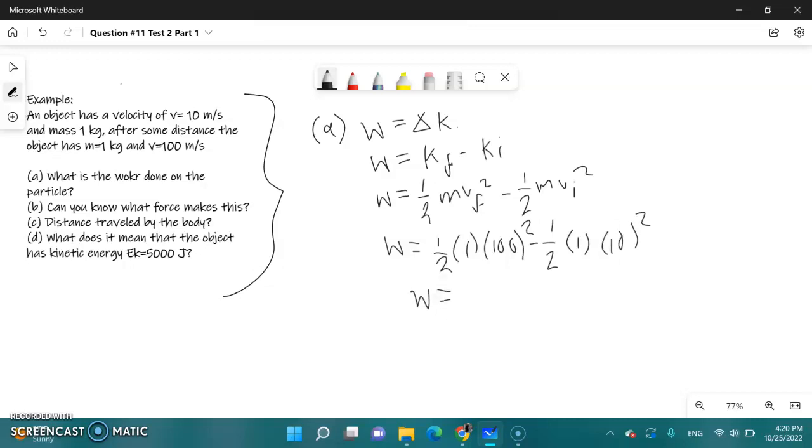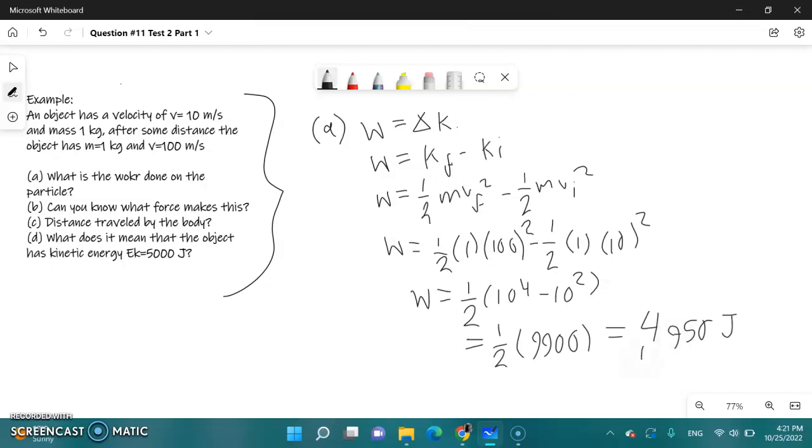And this all simplifies to half times 10 to the 4th minus 10 squared. And this eventually gives us half times 9,900. And so the work done on the particle is 4,950 joules. So that is the work done on the particle.